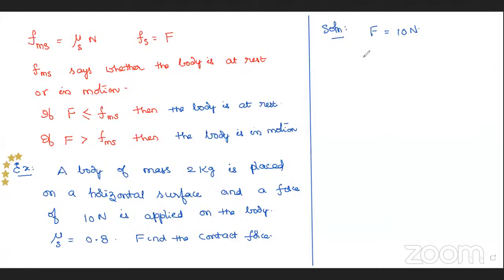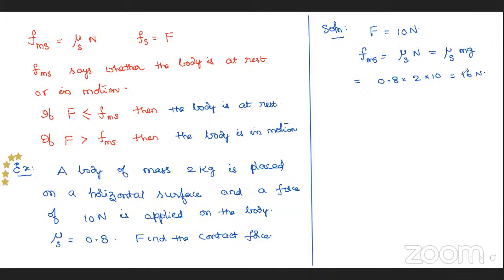Applied force 10, whereas FMS is equals to mu s into N. Placed on a horizontal surface, N is equals to mg. Mu s given as 0.8, m given as 2, g as 10, so you will get 16 newtons.